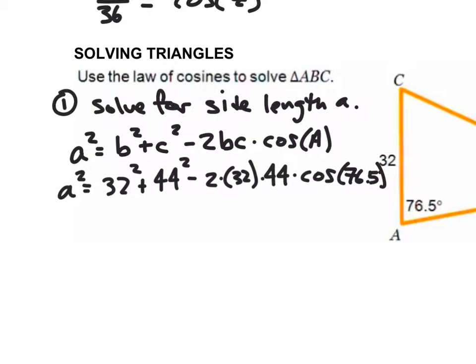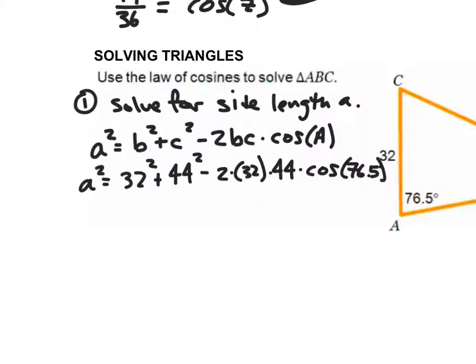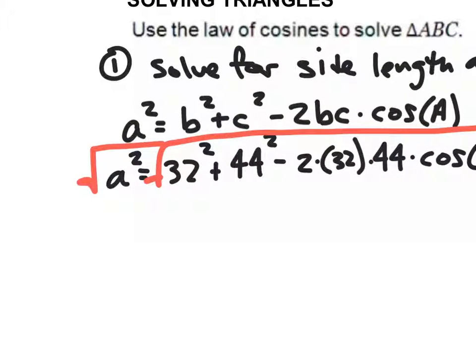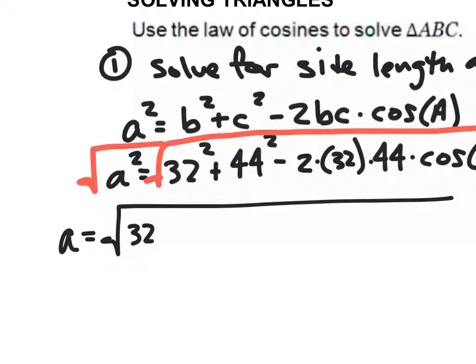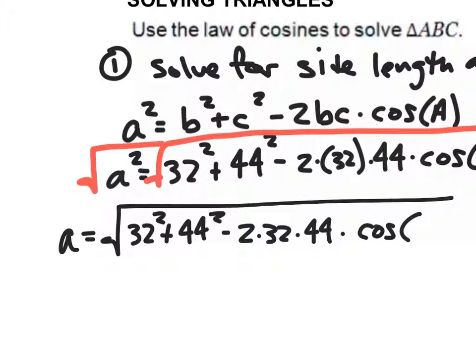Now, to solve this for A, all I would want to do is take the square root of both sides. So A is equal to the square root of 32 squared plus 44 squared minus 2 times 32 times 44 times cosine of 76.5 degrees. This is what we want to plug into our calculator. It's going to be long, but because we're using a calculator, there's no point in simplifying.